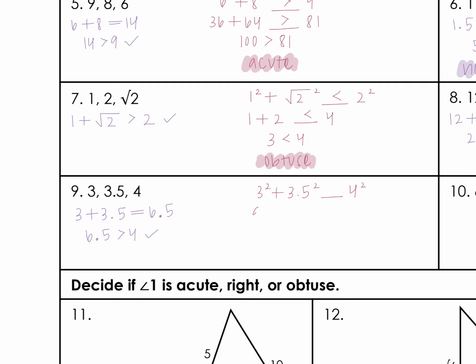So 3 squared is going to give me 9, plus that 3.5 squared is going to give me 12.25. And then that 4 squared is going to give me 16. All right, so that 9 plus 12.25 is going to give me 21.25, which will be greater than that 16. And so this means that we are going to have an acute triangle here.